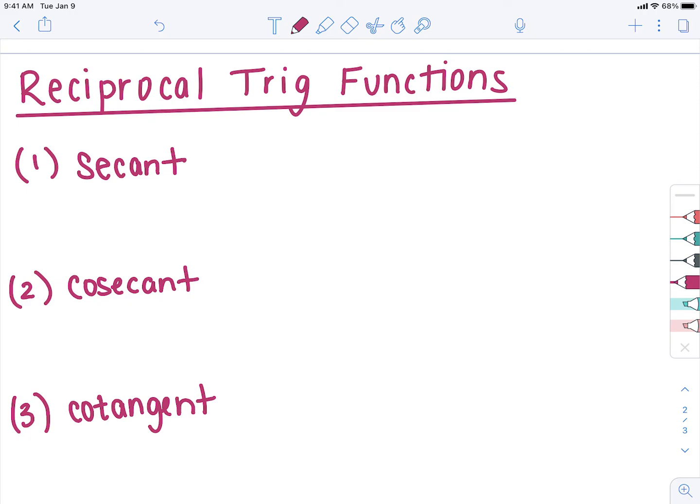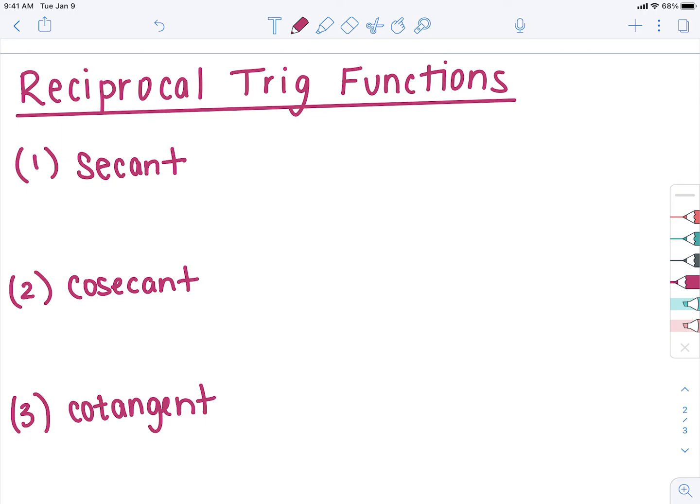Now, it would make perfect sense that sine and secant go together, but has anything in math ever made perfect sense? No. Naturally. So naturally, sine and cosecant are reciprocals, and cosine and secant are reciprocals.